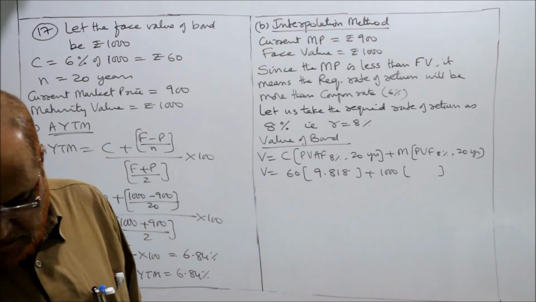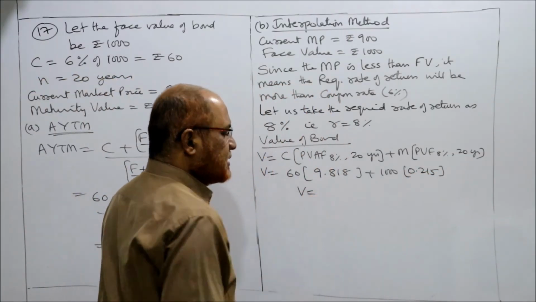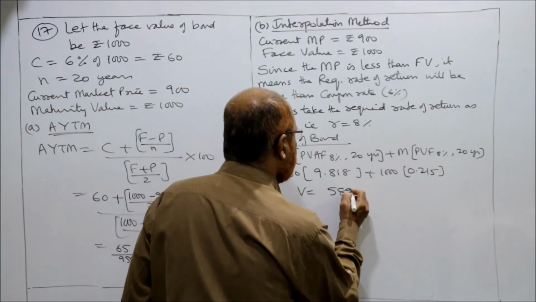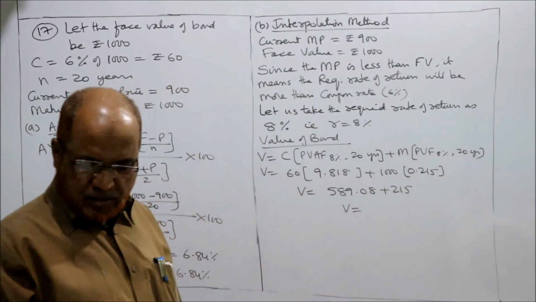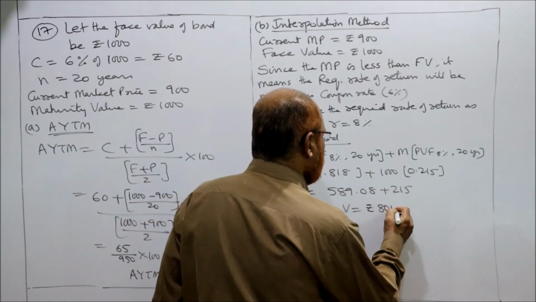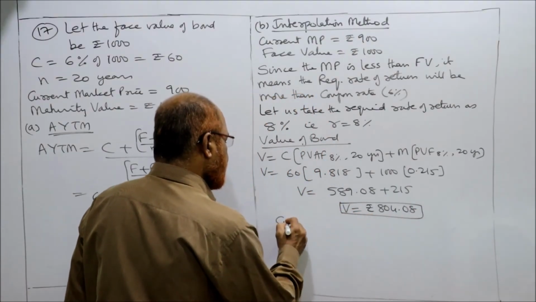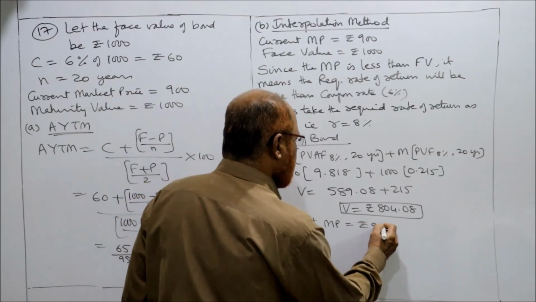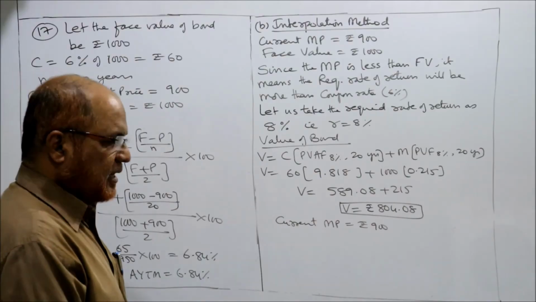Similarly, 0.215. 60 into 9.818 is 589.08, plus 215. V is equal to 804.08. Current market price is given in the problem as 900.